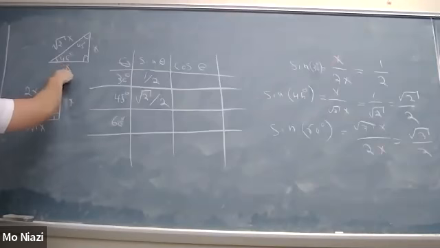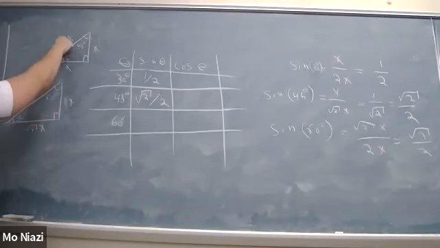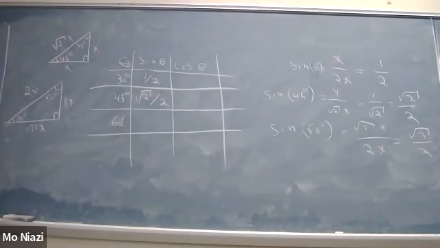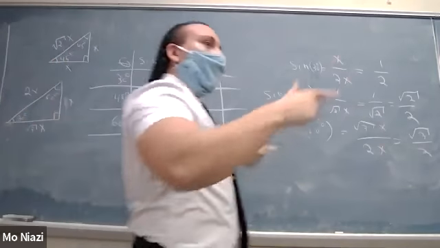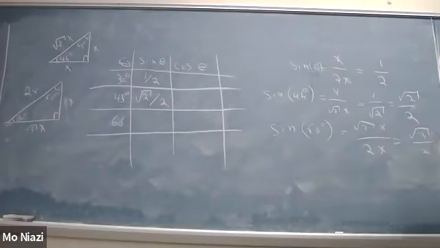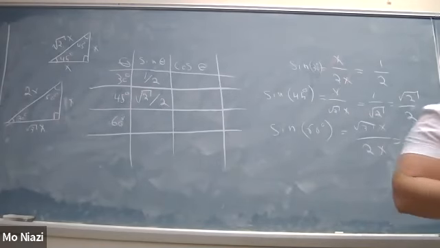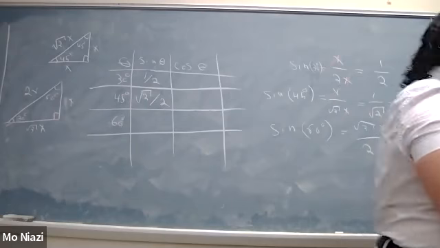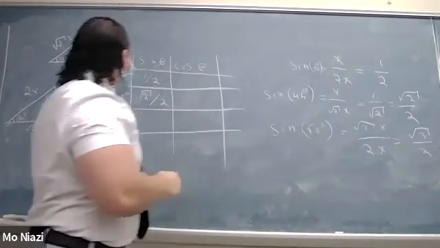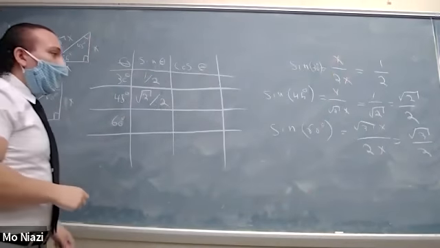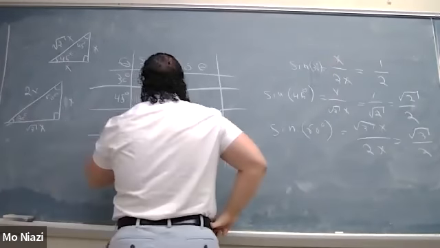That means we could create a 6 root 2, 6, 6, 45, 45, 90 triangle. Whatever you want x to be, you can create a triangle that scales that way. That's why that x is there. That's why we keep canceling it, because everything scales uniformly. So over here, sine of 60, we get root 3 over 2.